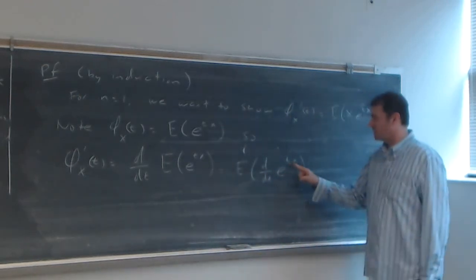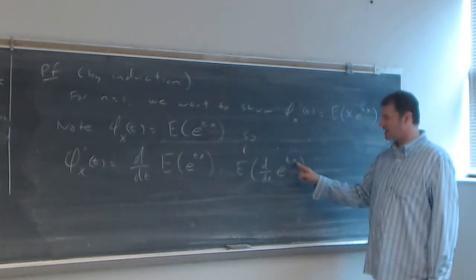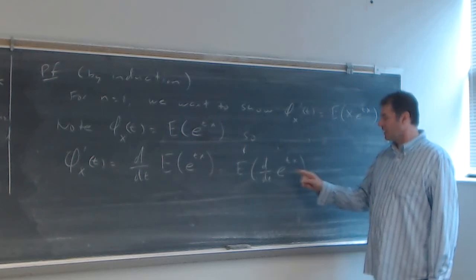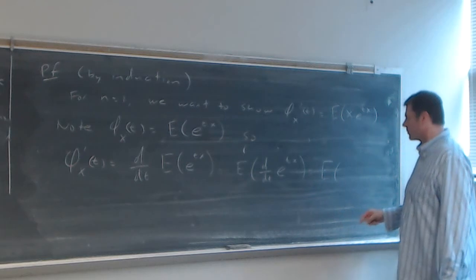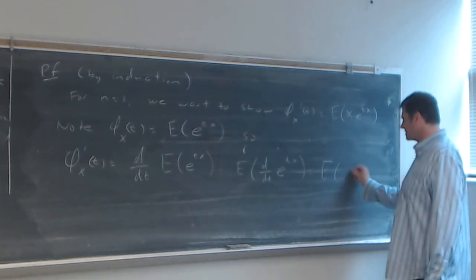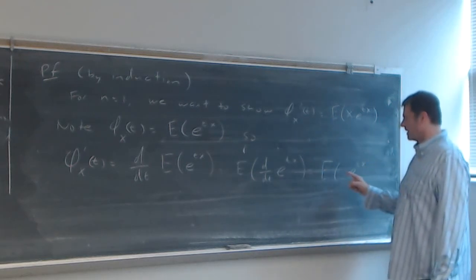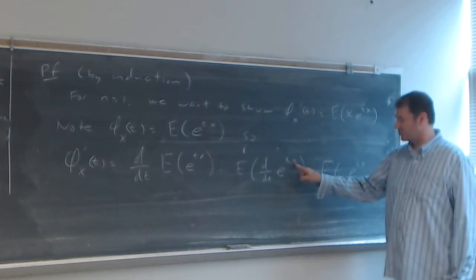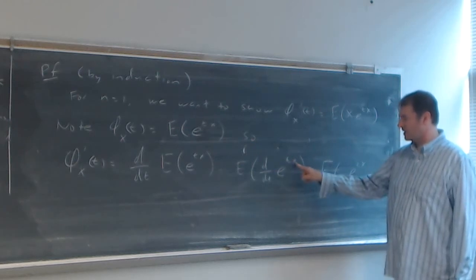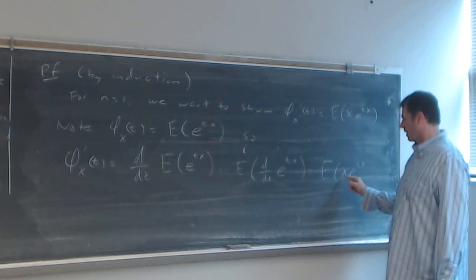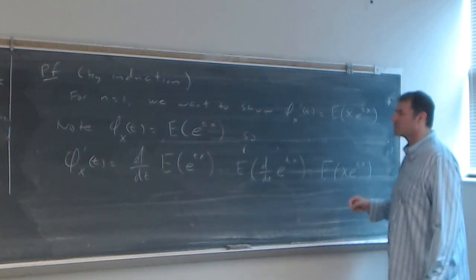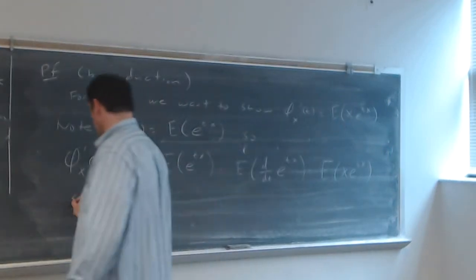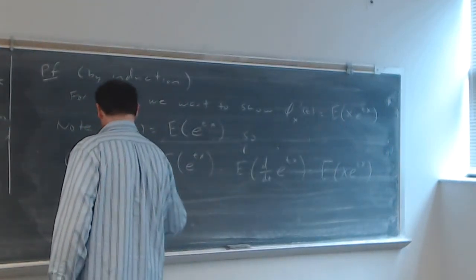Now, the derivative of e to the something is e to the something, and then you take the derivative of this. I'm taking the derivative with respect to t, so t is a variable, X is constant. By the chain rule, the derivative of tX is just X. So the statement is true when n is equal to 1.